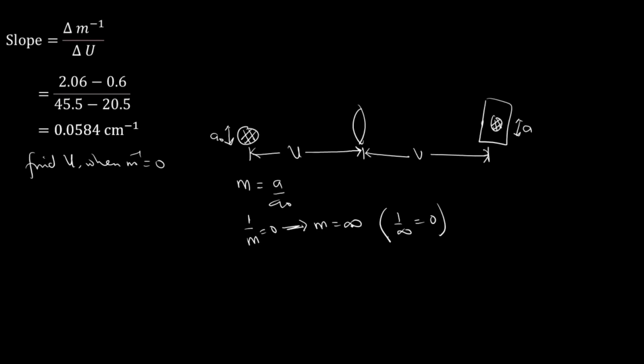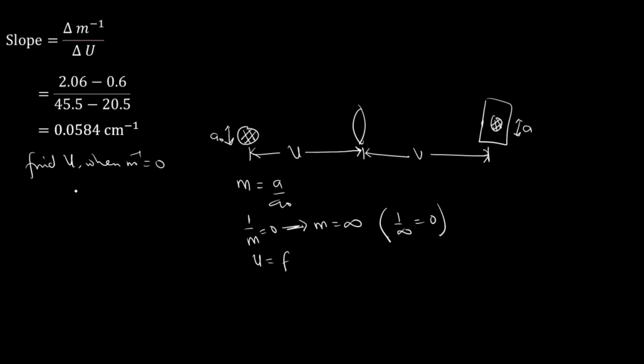Now, when does a converging lens produce infinite magnification? It does that when the object is placed at the focal length of the lens, which means when the object distance u is equal to the focal length f, then we'll have infinite magnification, which means m will be equal to infinity, and as such m inverse will be equal to 0.